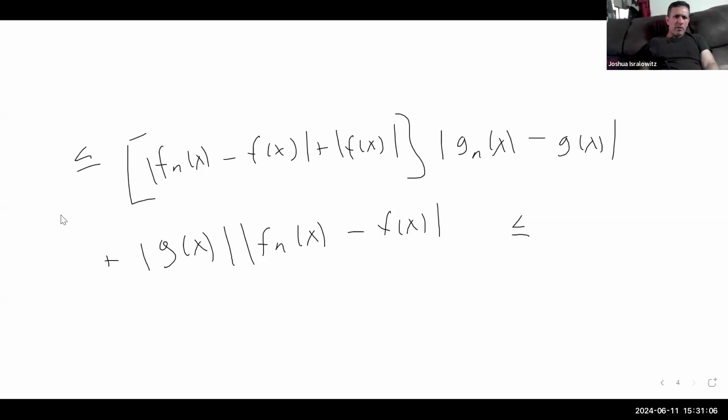So this is less than or equal to M2, and this is less than or equal to M1.